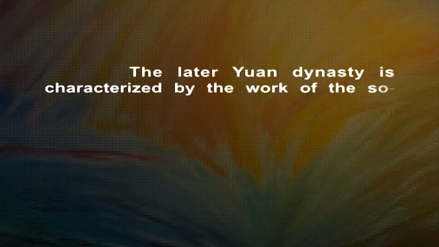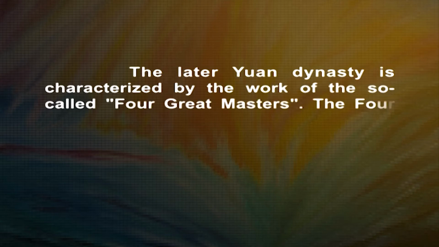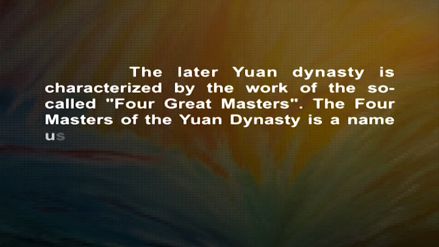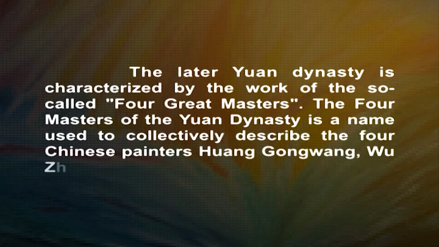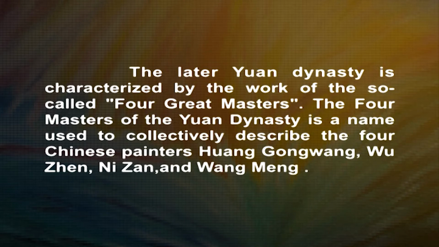The later Yuan dynasty is characterized by the work of the so-called four great masters. The Four Masters of the Yuan dynasty is a name used to collectively describe the four Chinese painters Huang Gongwang, Wu Zhen, Ni Zan and Wang Meng.